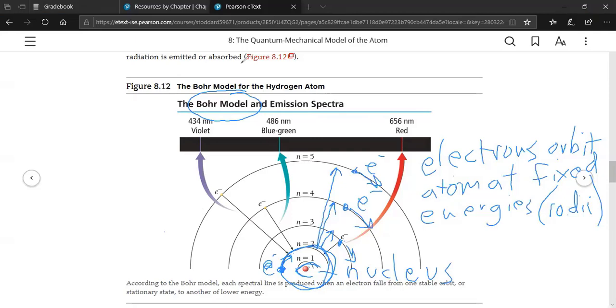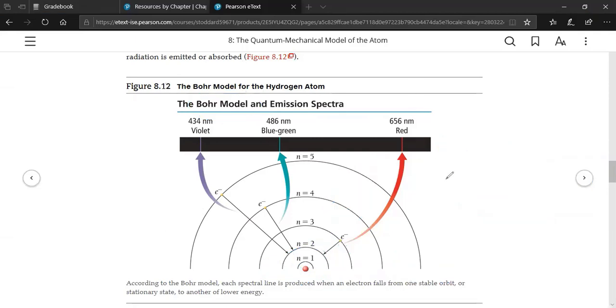Now, how does that explain our spectrum? Well, that's what they're trying to show here in this picture. It's kind of a complicated picture, so let me try to explain it using some help here with the drawings. One of the colors that you saw in the hydrogen spectrum was this red, right? Red is a low energy compared to blue and violet.